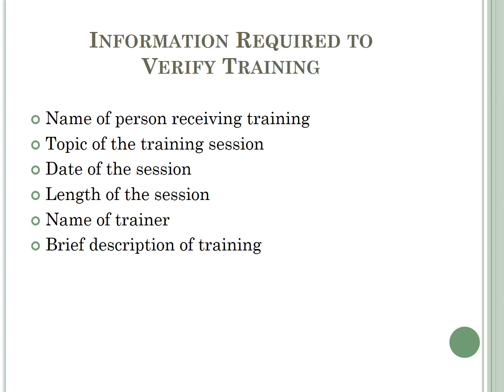And on that certificate, you'll want to list the name of the person that received the training. You'll want to list the topic, the date of the session, the length of the session, the name of the trainer, and a brief description of the training. And if you don't list the brief description on the certificate, you should at least have the curriculum available to show the reviewer.